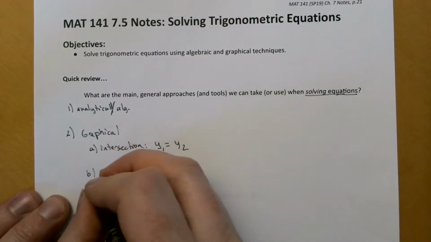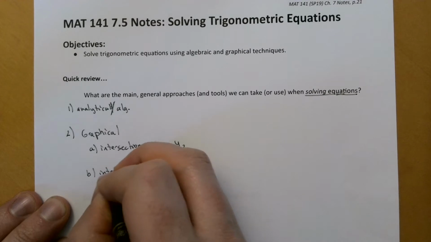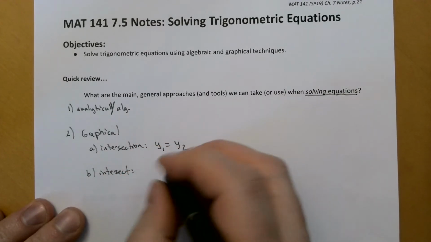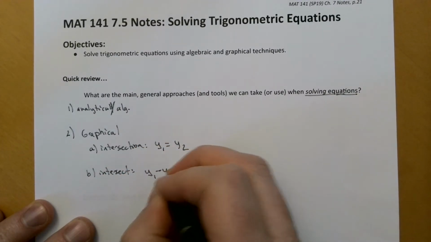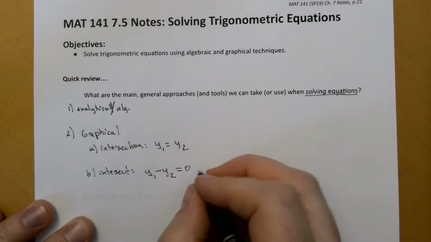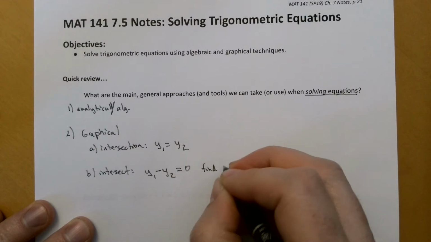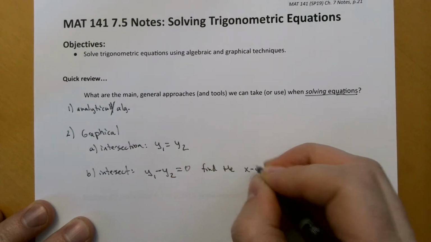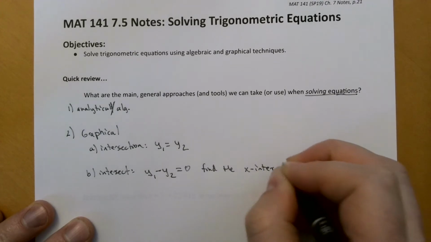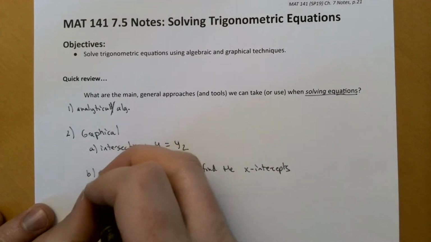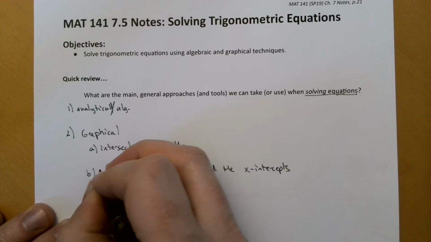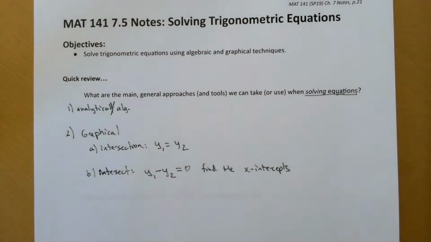The other method is the intersect method, meaning you say y1 minus y2 equals 0, and you find the x-intercepts. I tend to prefer this method because it's easy to find things on the x-axis, where in the intersection method, you kind of have to search around on the graph to find where they cross. It's not overly difficult. It's just another method.